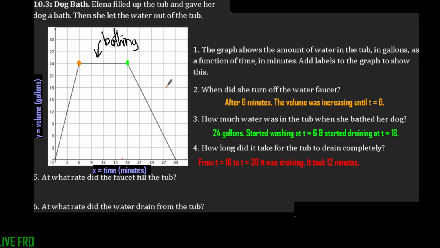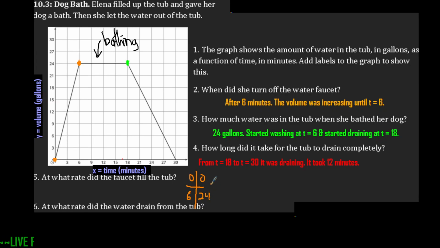And it says at what rate did the faucet fill the tub. So we have to find some points here. So let's say if I draw out my table of values, I can say, okay, it started at 0, 0 down here, and then it went up to 6 and 24.